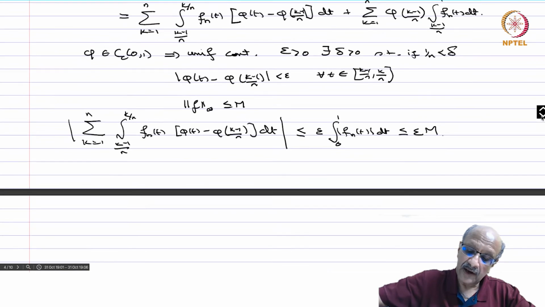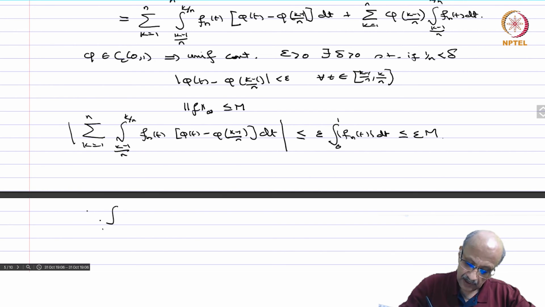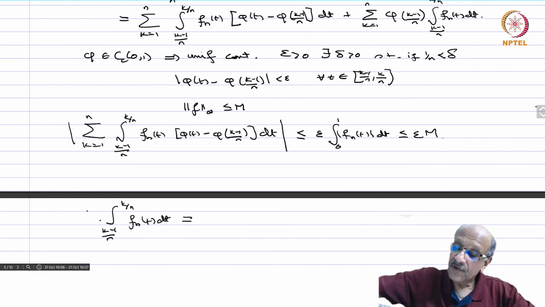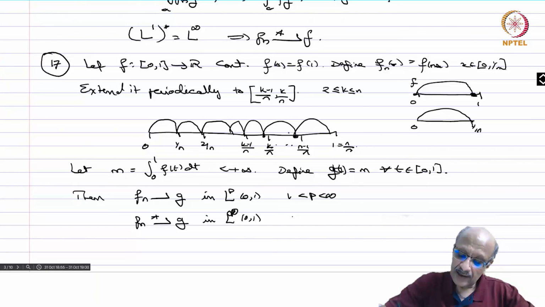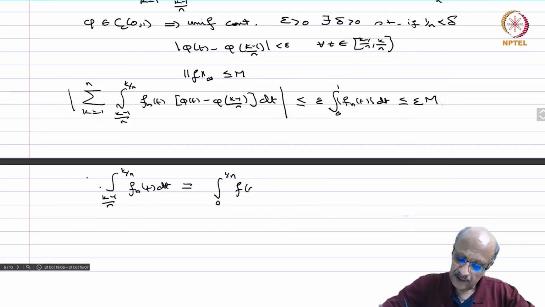So now let us look at the second term. Let us look at one such integral in that term: the integral from (k-1)/n to k/n of fn(t) dt. Because we have just repeated the function again and again, this integral on any such interval is nothing but the integral from 0 to 1/n of f(nx) dx.